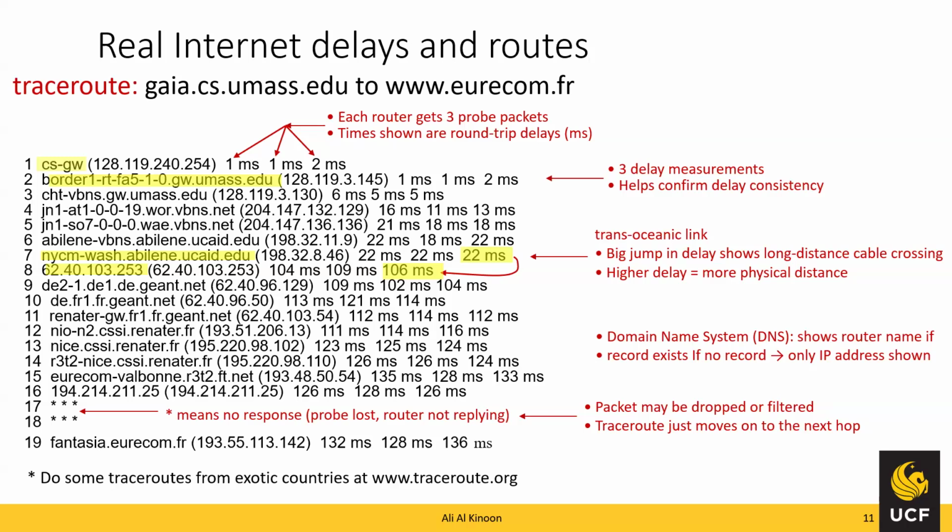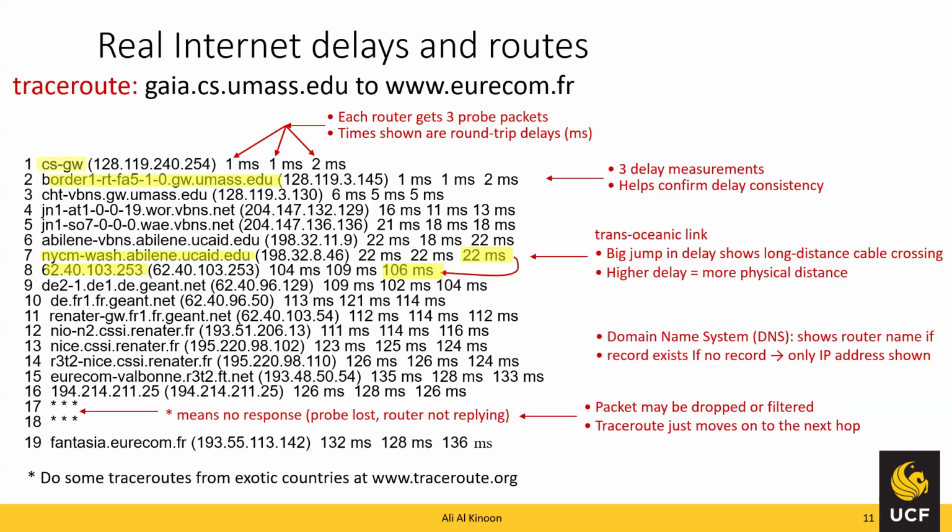And here we have the time, there's a jump from here to here. Does anyone know why there's a huge jump? It relates to the structure of the internet and devices.